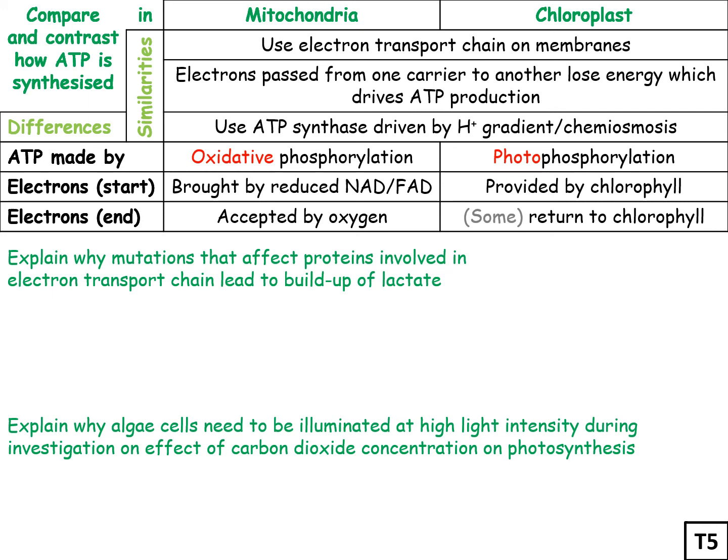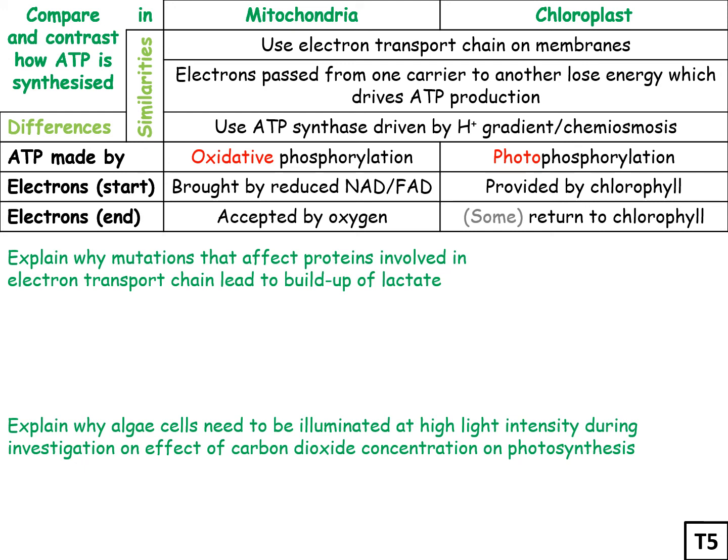Making ATP in mitochondria is oxidative phosphorylation, because you've got reduced NAD and reduced FAD, which are oxidized, and then you've got the phosphorylation of ADP to ATP.